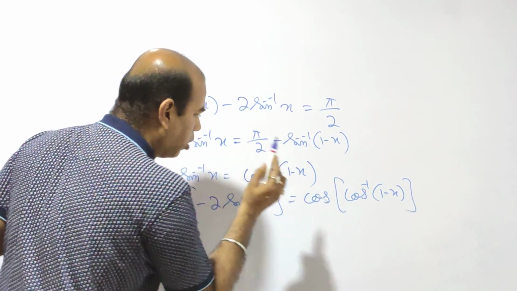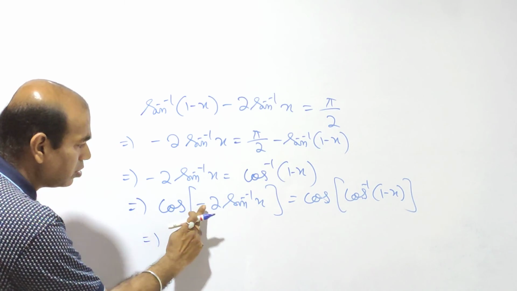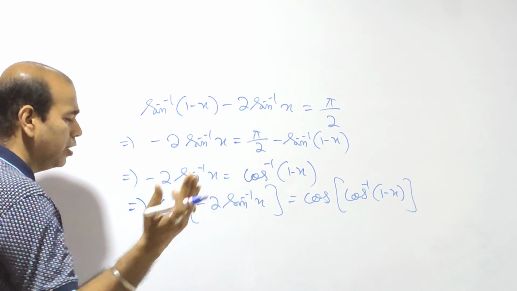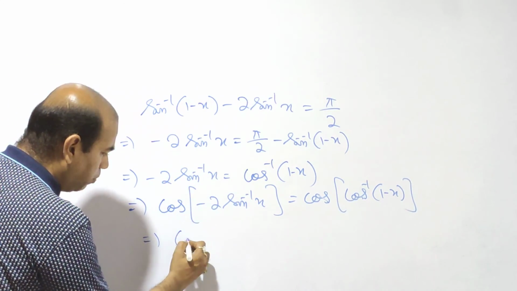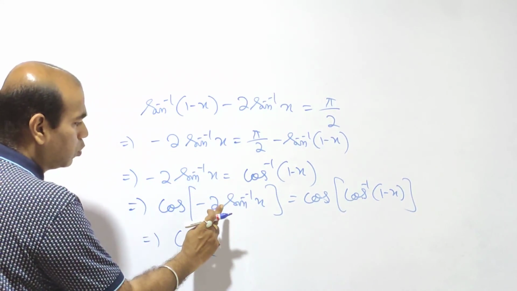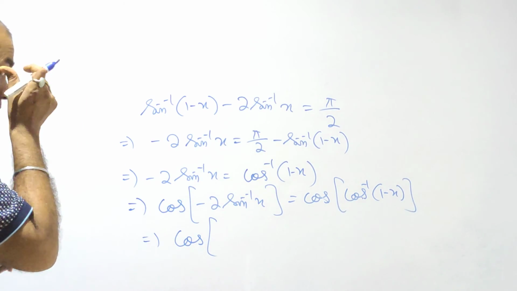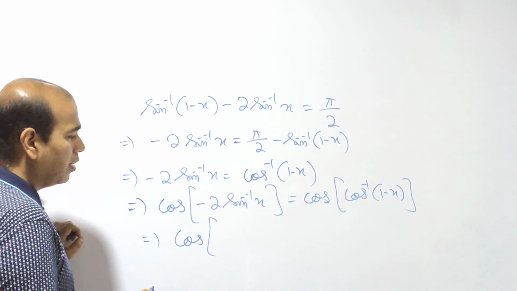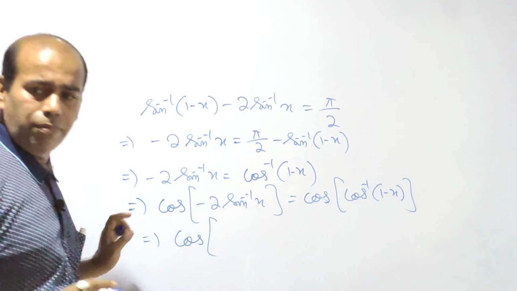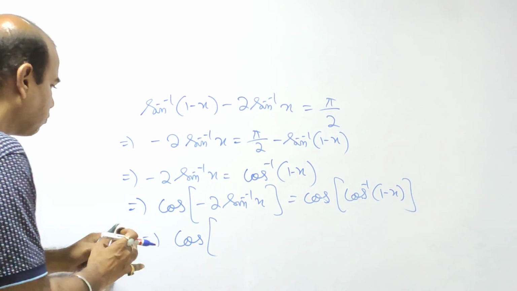Now see, this cos and cos is cancelled. Cos of a negative angle is of no use because cos of negative theta is cos theta. So it becomes cos of 2 sine inverse x, cos 2 theta.